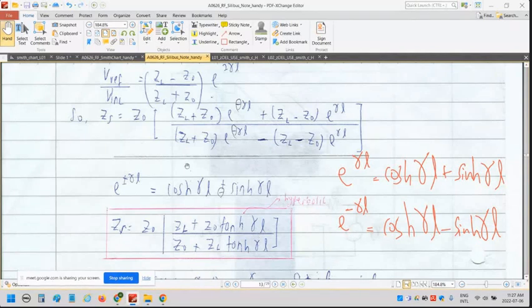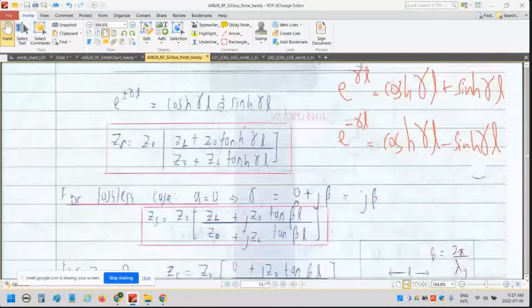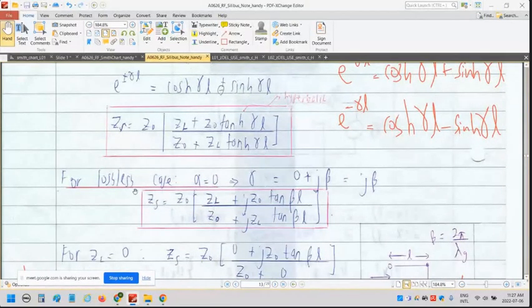Done, doctor. For the lossless case, alpha is 0. So gamma equals 0 plus j beta, which is j beta.